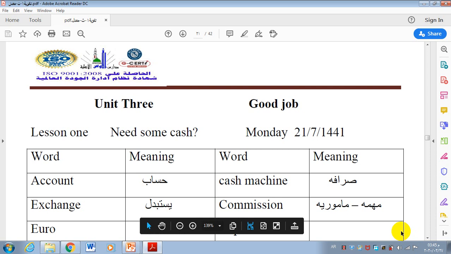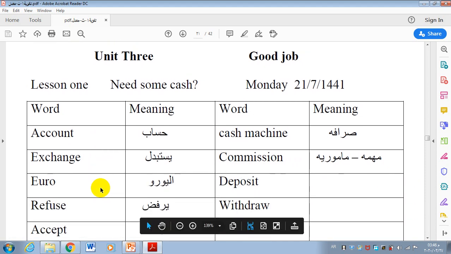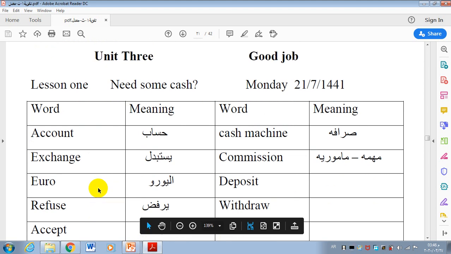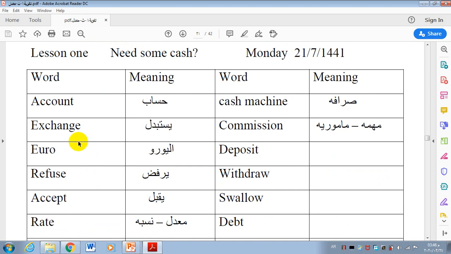Okay, let's start our lesson for today. But at first, I will read the words and you should repeat after me.